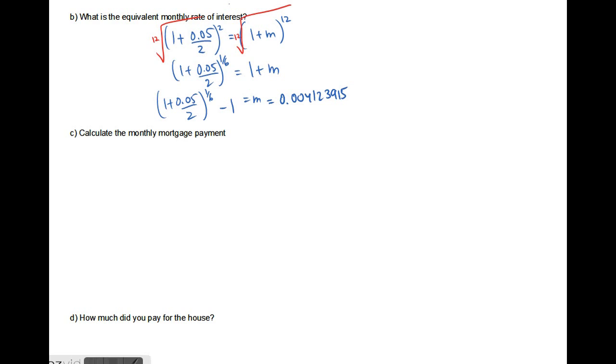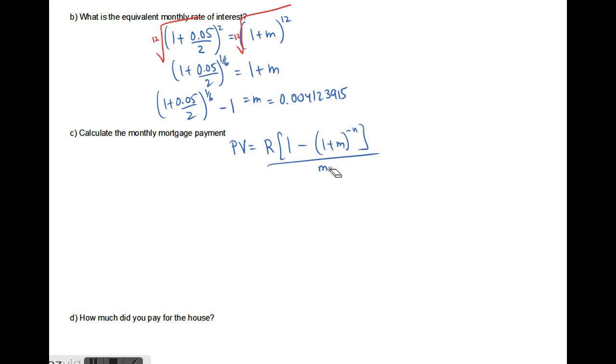Now we're going to find the monthly mortgage payment using the present value of annuity formula. The periodic interest rate would be our monthly rate, so it's already converted to be monthly. It is exactly the m.